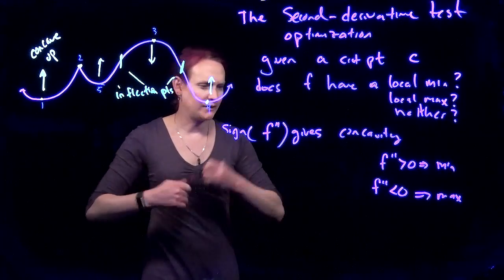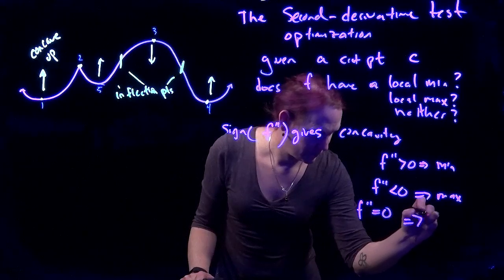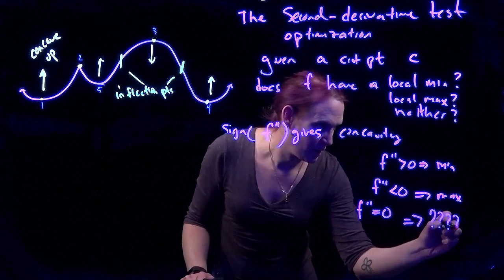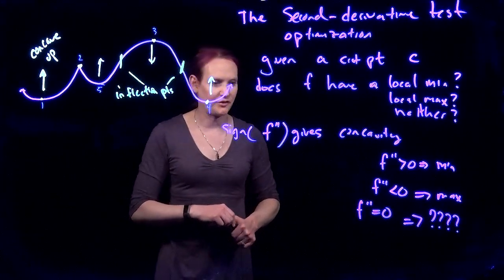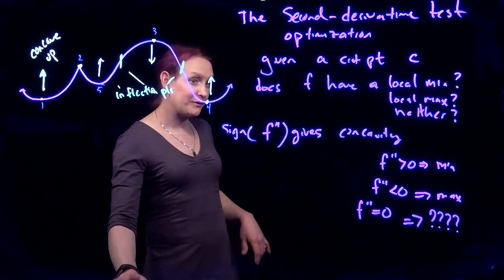Okay, and f double prime equals 0 doesn't imply anything whatsoever.